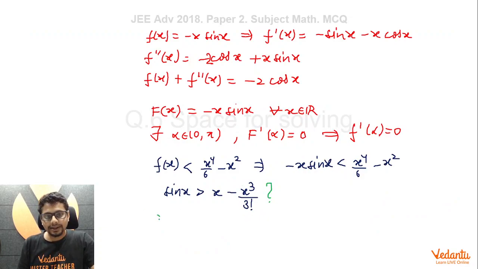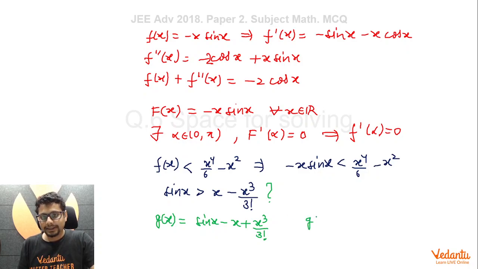So let me consider a function g of x as sine of x minus x plus x cube by 3 factorial. Now here I can clearly see g of 0 is 0. What about g prime x? It is essentially cos of x minus 1 plus x square by 2.